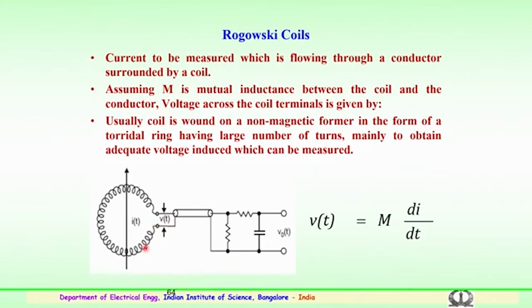You can see the toroidal ring having a large number of turns wound on it, mainly to obtain an adequate induced voltage because of the current passing in the conductor, which can be measured. That is very important.